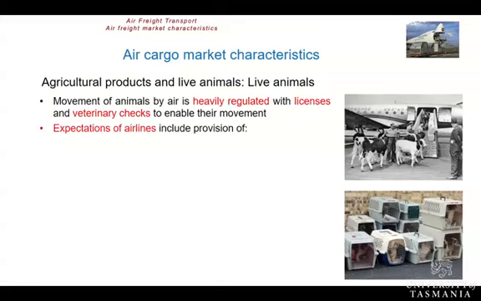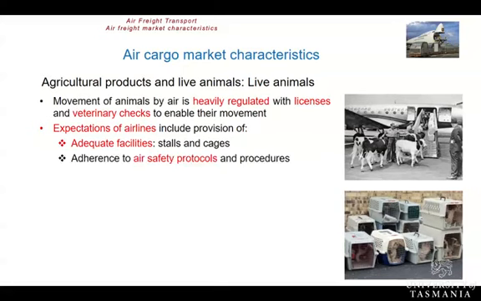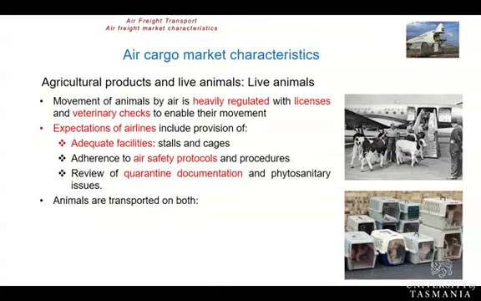And the expectation as an airline is that you have the adequate stalls and cages and facilities. You adhere to the appropriate air protocols and procedures. And you're well versed in terms of quarantine documentation and other issues.